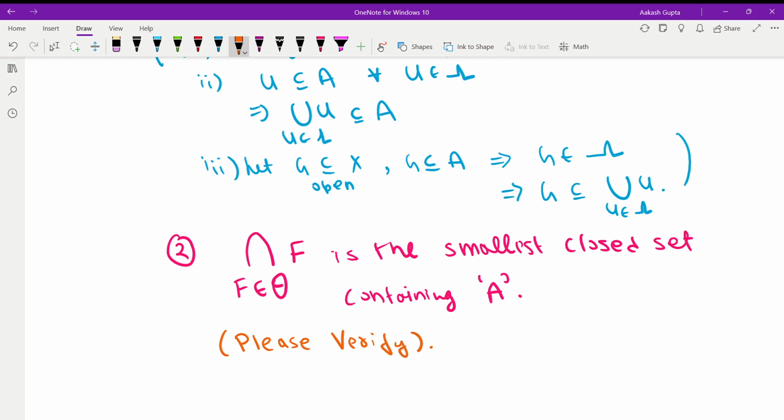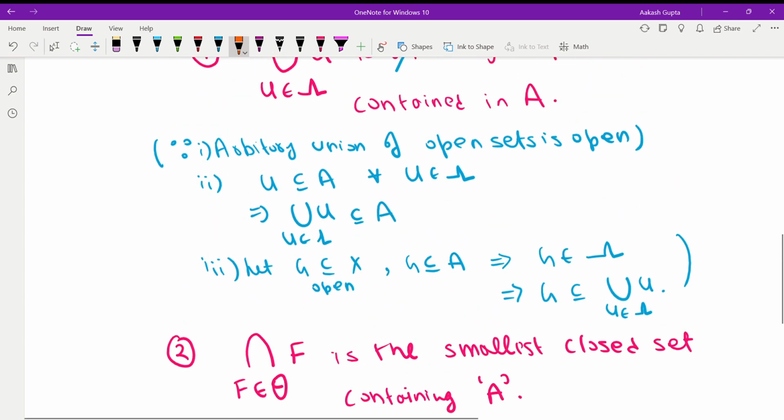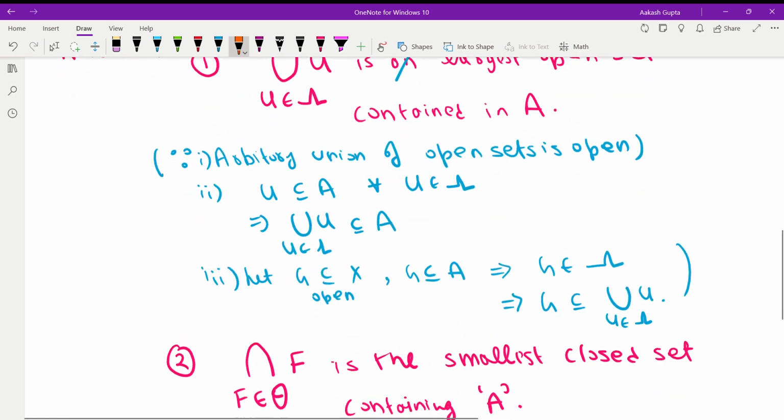So these sets are somewhat special, and as we go on you will understand why these sets are so special. So let us name them. Okay, let us name them.